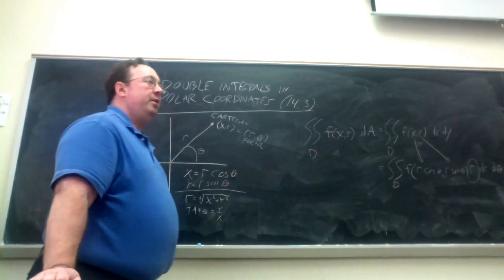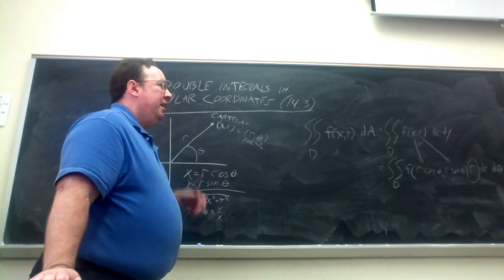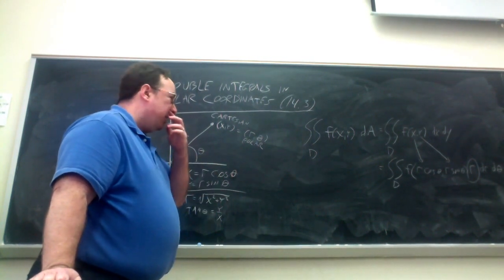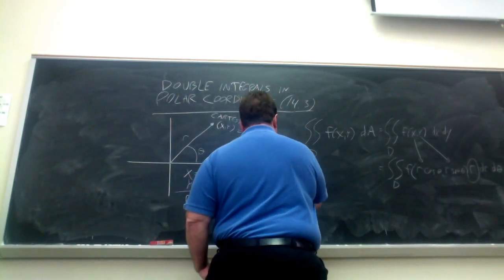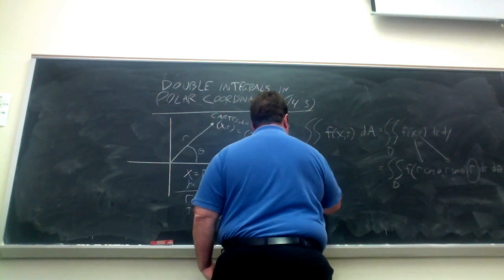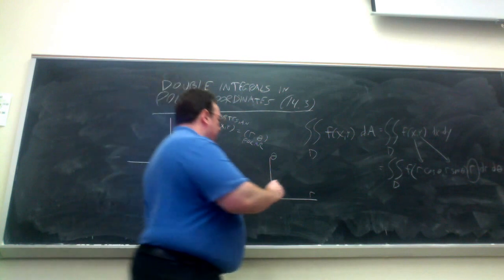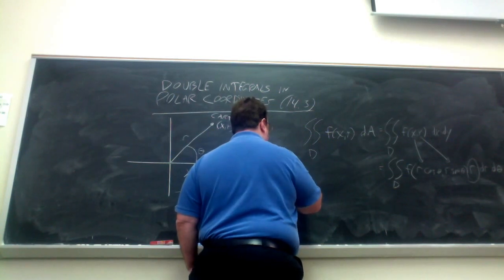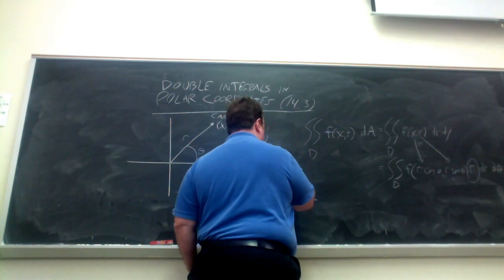This actually came up on the very first day of the semester. I had a double integral in x and y, and I converted to polar coordinates, and that introduced this extra factor of r. And without going into too much detail right here, the reason for that is, if you think in terms of the r theta plane, you have what's called a polar rectangle that has sides delta r and delta theta.